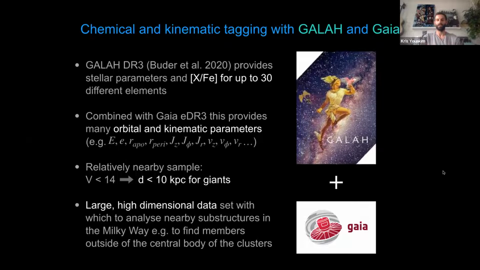And what we end up with is a large, high-quality, high-dimensional data set with which to investigate nearby substructures in the Milky Way.